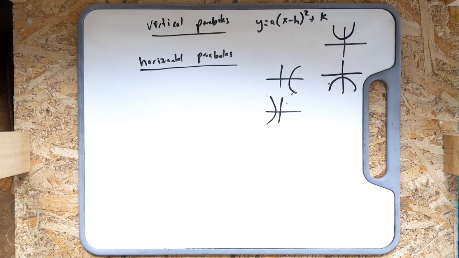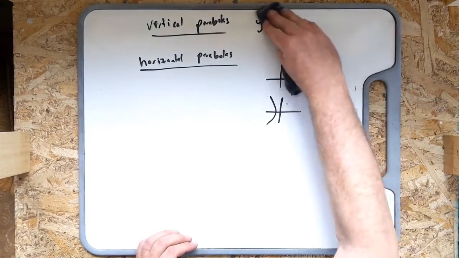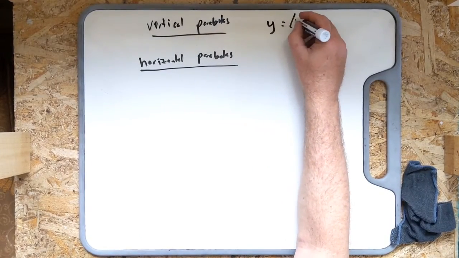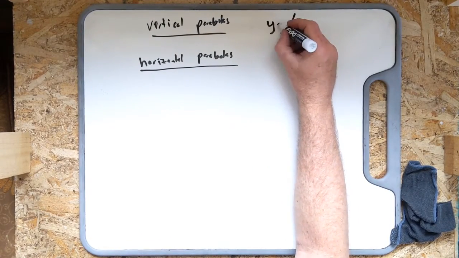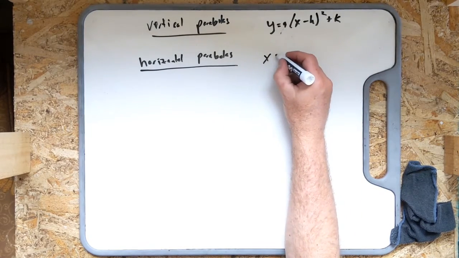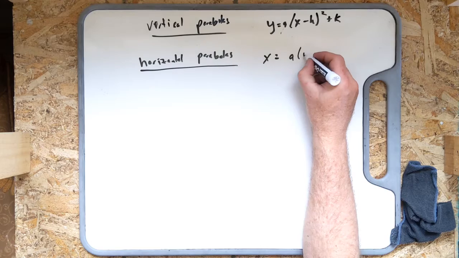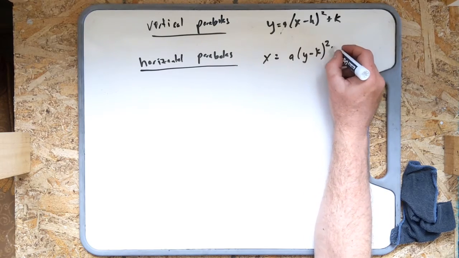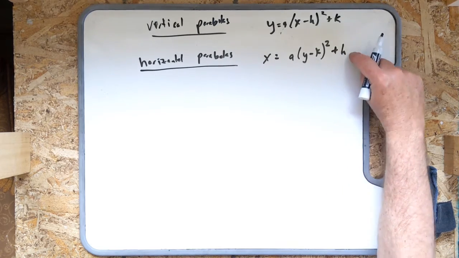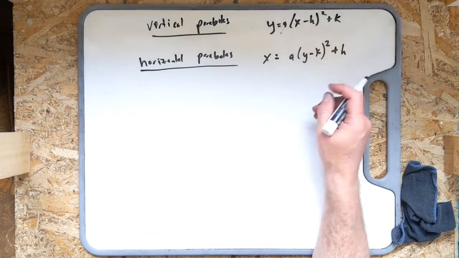Okay, so the equation for a horizontal parabola, which is what we're going to focus on today, rather than the vertical ones, is x equals a(y minus k) squared plus h. I should leave the vertical one up here just as comparison. If you look at this, the difference is the x and y have been flipped throughout.